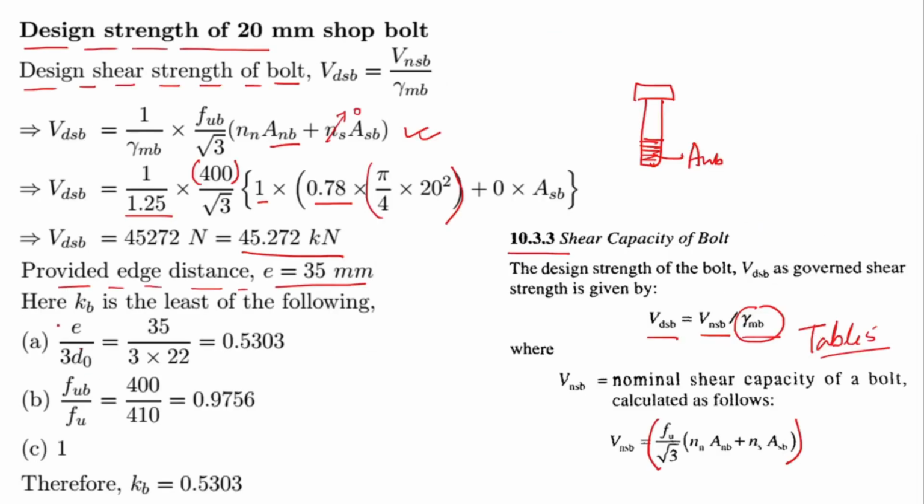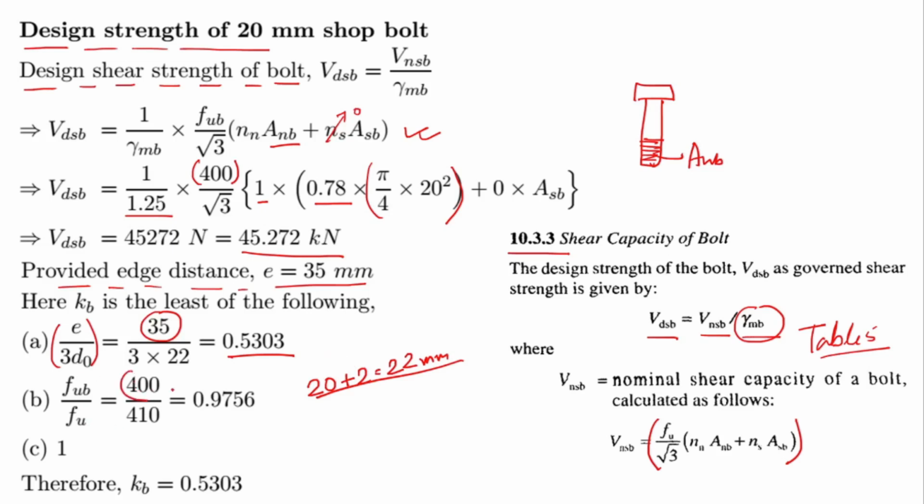So first we shall calculate E by 3D naught. E is the edge distance, it is 35 mm in this case. D naught is the diameter of the bolt hole. The diameter of the bolt is 20 mm, so the diameter of the bolt hole is 2 mm more than the diameter of the bolt. It is 22 mm. So E by 3D naught is calculated as 0.5303. Then FUB by FU.